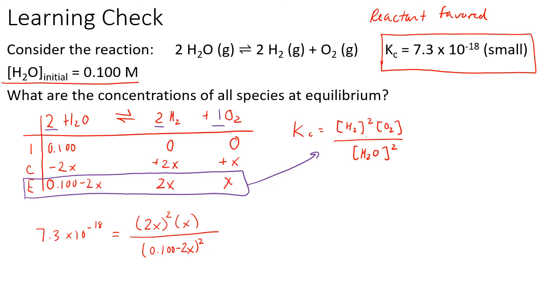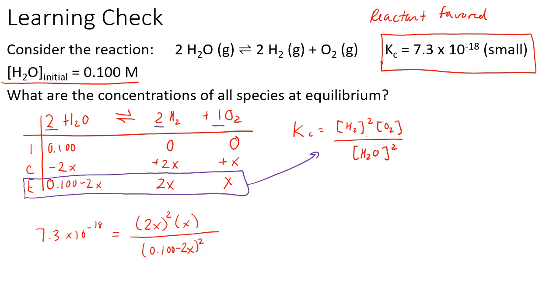So this would be rather complicated to solve because in the numerator we would end up with 4x squared times x, which would be 4x cubed, and then we would have an x squared term in the denominator. So we couldn't even just use the quadratic equation to solve this. We would need to use a formula for solving cubed roots as well.